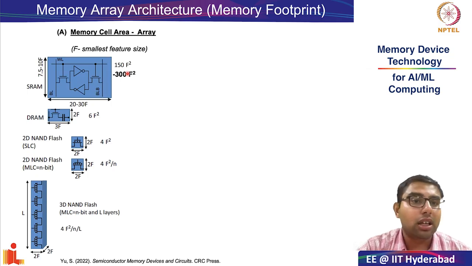Since different technologies, whether it is SRAM, DRAM or NAND flash, have different process technologies, in order to make a proper comparison, we should first indicate the smallest feature size of the corresponding technology.